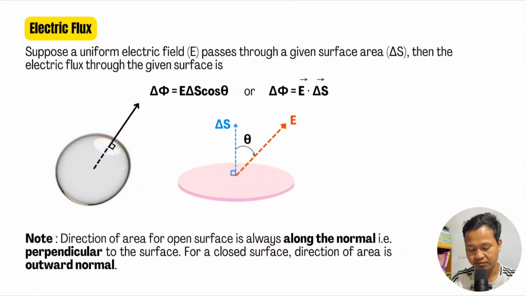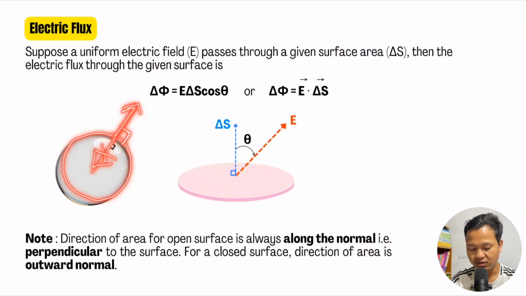If you have a closed object, then the area vector should be along the normal, and it should be perpendicular and outward. The surface area normal is perpendicular to the surface, but it should be outward.